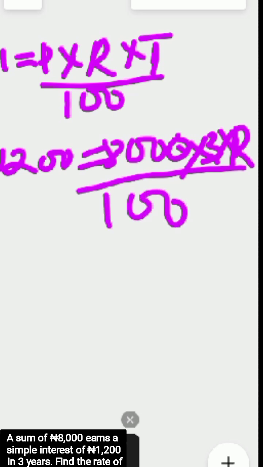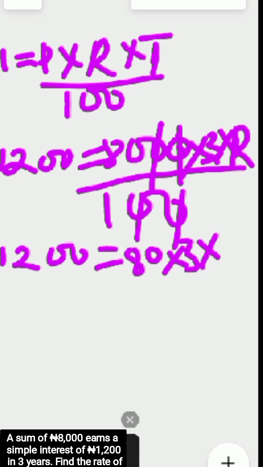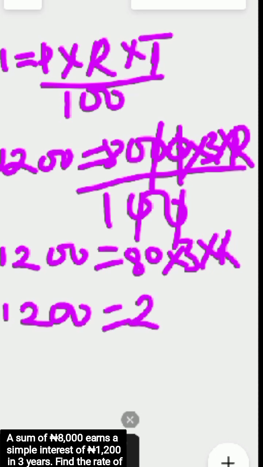So now I'll divide. 0 will cross 0, this 0 will cross 0. We have 80 times 3 times R. That's 1,200 is equal to 80 times 3 times R. Multiply it: 80 times 3 is 240, so 1,200 is equal to 240R.